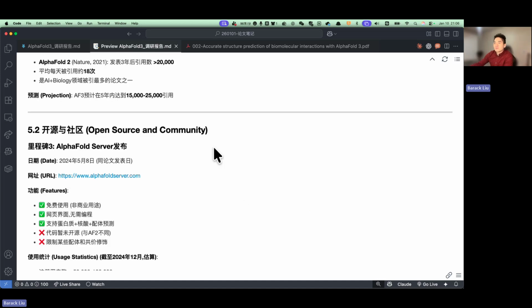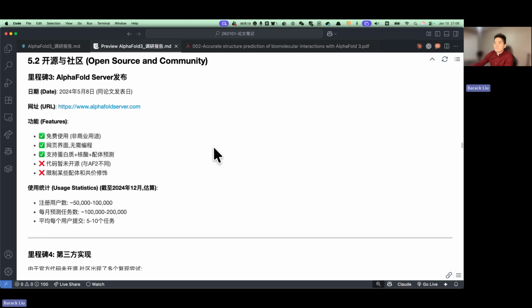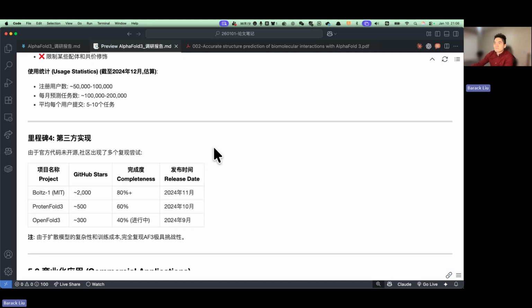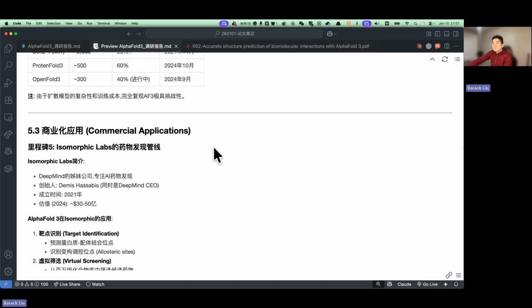Open source and the community. Commercial application. Isomorphic Labs.